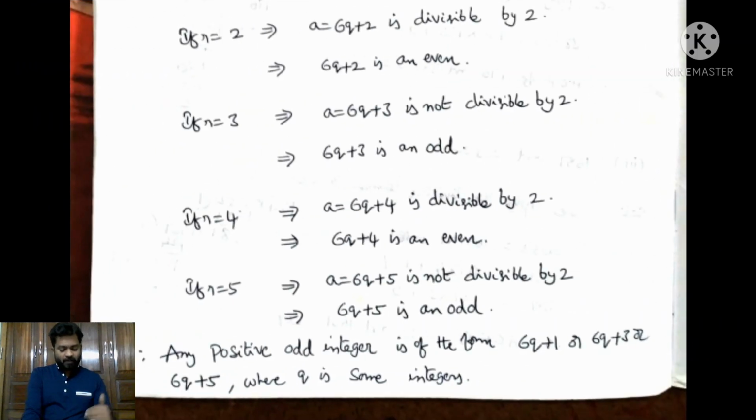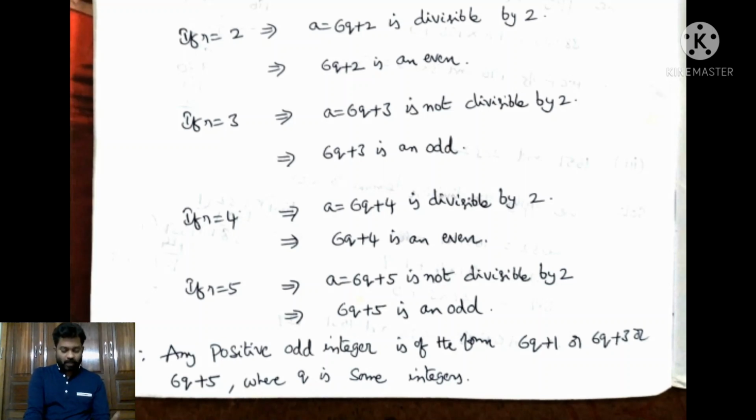Next, if r equal to 3, that implies a is equal to 6q plus 3 is not divisible by 2. So 6q plus 3 is an odd number. Next, if r equal to 4, a equal to 6q plus 4 is divisible by 2. So 6q plus 4 is an even number.